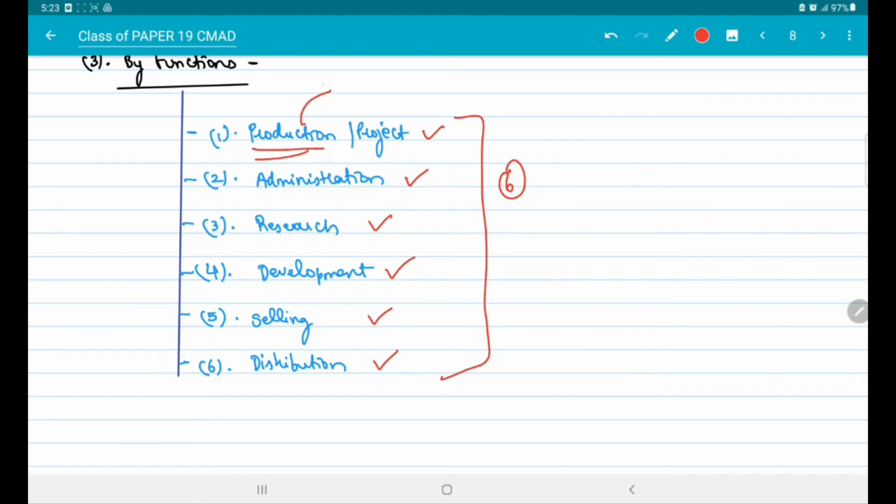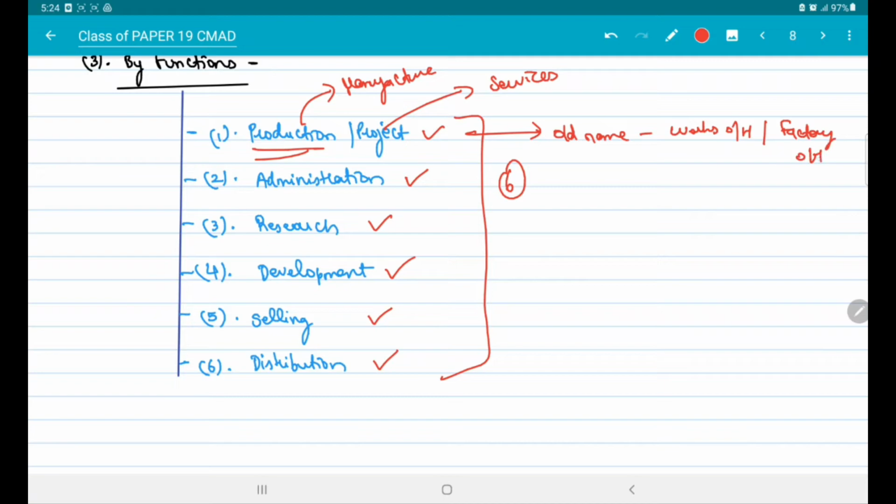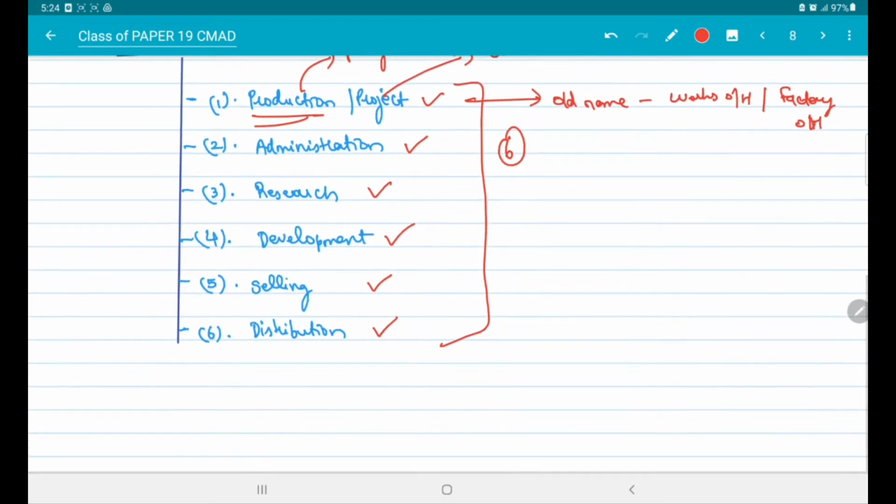Production is for manufacture and project is for services. The old name for this is actually works overhead or factory overhead.